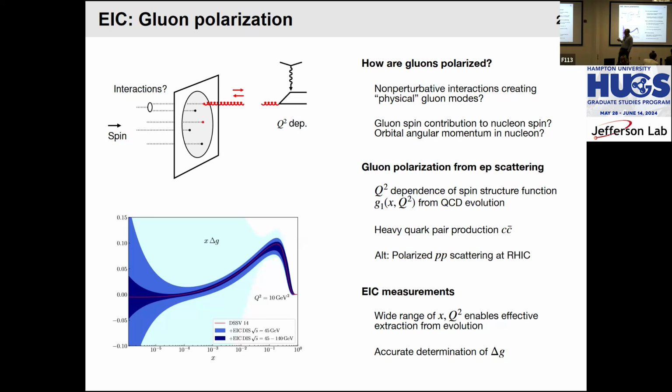Now, another alternative method to measure the polarized gluon distribution has been explored very extensively at RHIC, which is polarized proton-proton collisions. And that's where a large part of our present knowledge of delta G comes from. Now, with the EIC, we can do a very nice measurement of the polarized gluon density. The results are shown in this figure here.